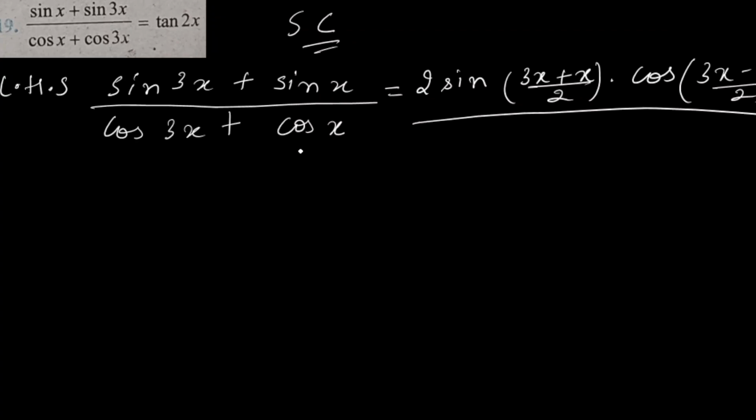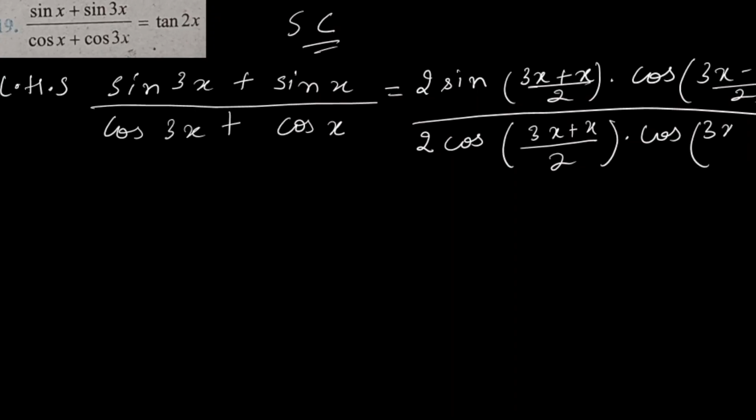Cos will give us a combination of the same trigonometric function. If addition is there, then both cos. 2 cos x plus y by 2, so x is 3x, y is x, 3x plus x by 2 into cos 3x minus x by 2. So again, up and down cancellation is possible.